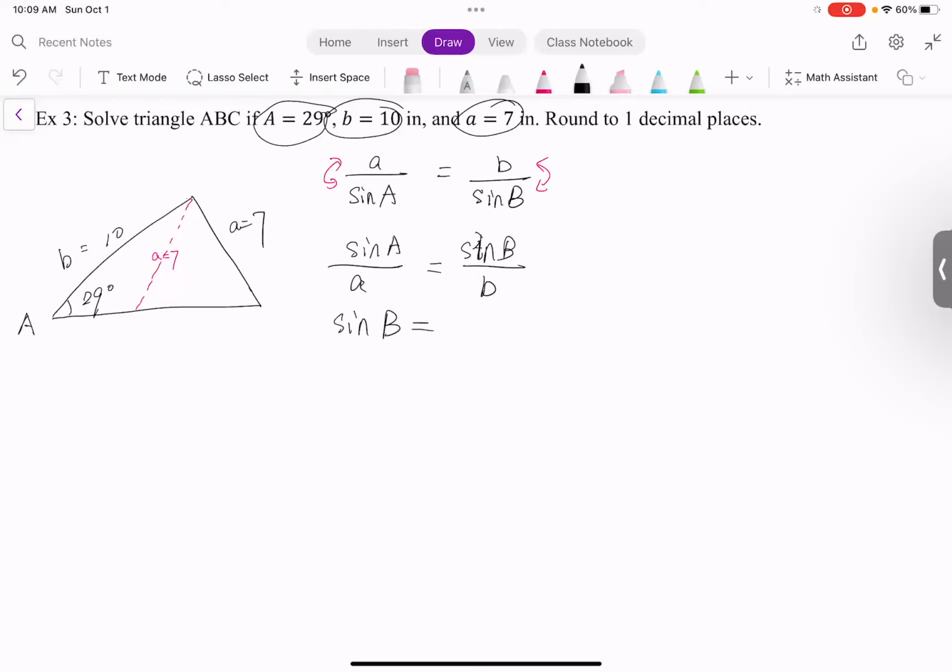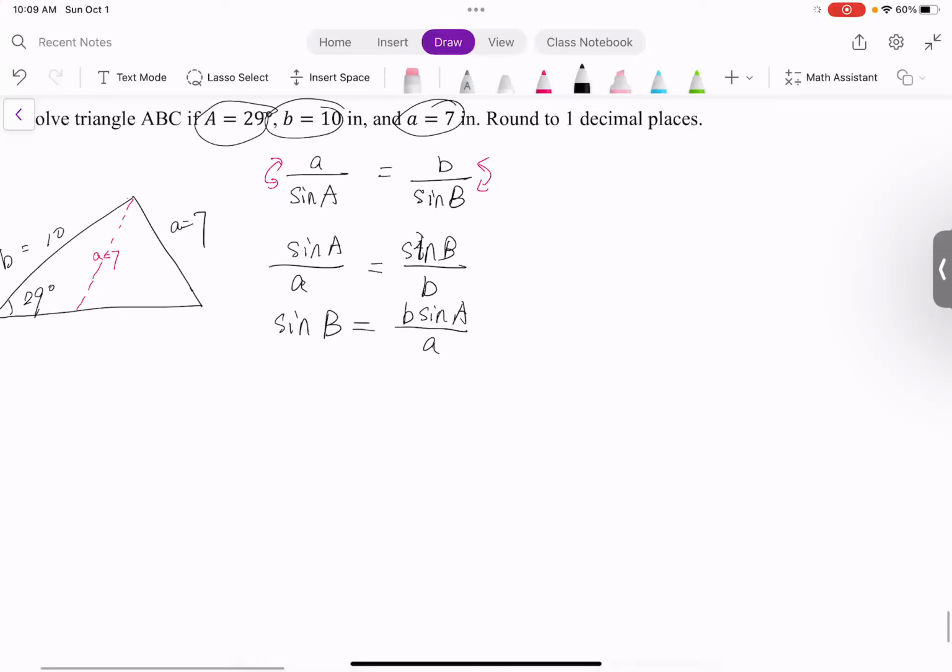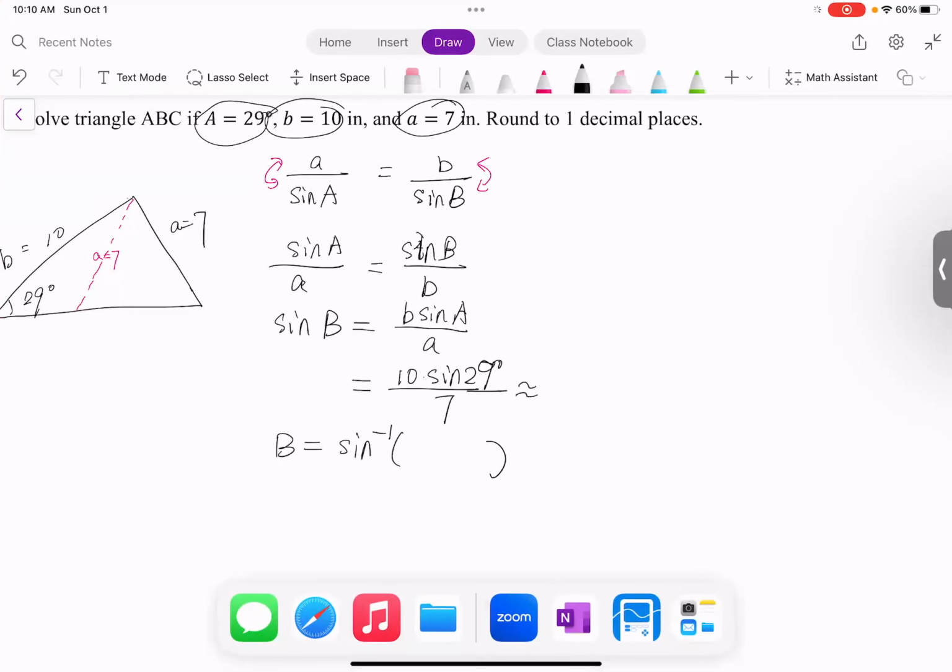Sine B equals b times sine A over a. So let's use our calculator. Sine B equals 10 times sine 29 degrees, all divided by 7. We can use our calculator, and later we can find the angle B by using the inverse function of this value.